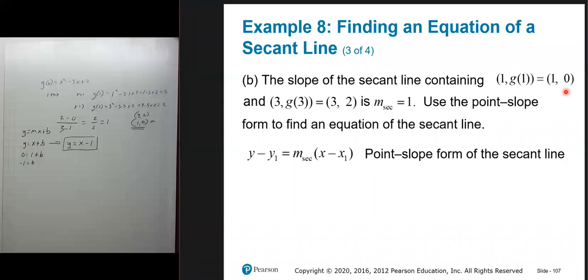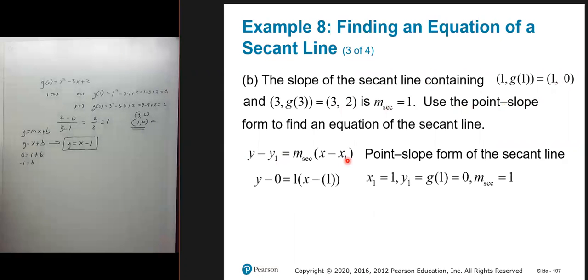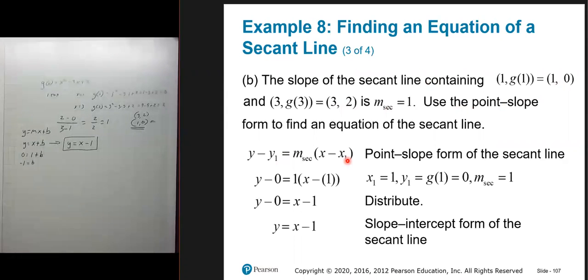They happen to choose the same point I did, because 1 and 0 are easy numbers to use. So they're going to put 0 in for y sub 1 and 1 in for x sub 1. And then they end up getting the exact same equation. Right, they got the same equation I got over here.